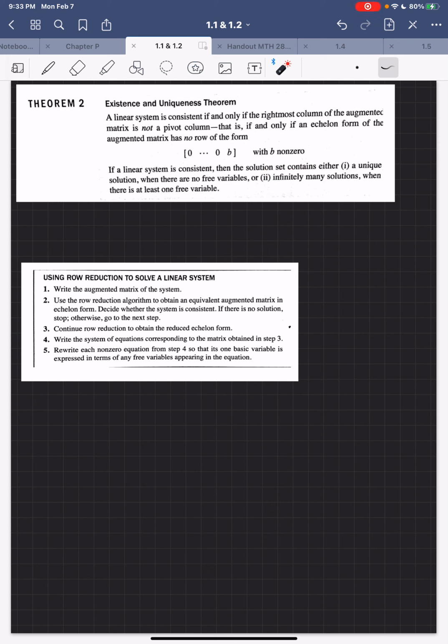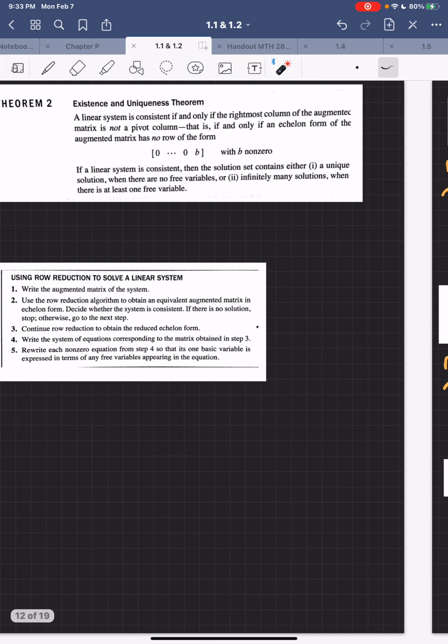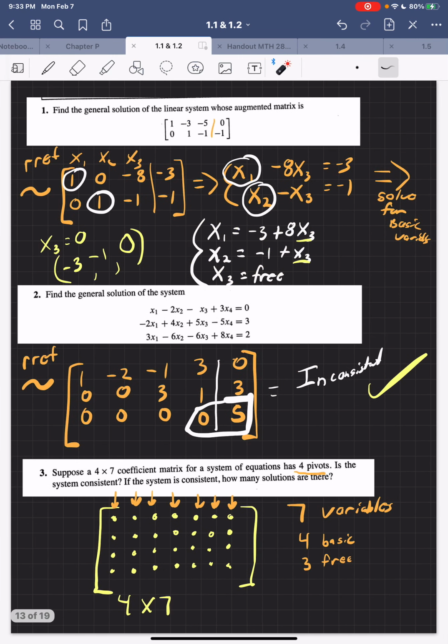Okay, so in this case, we have 4 rows, 1 pivot for each row. What I mean is, if you have 4 pivots and you have 4 rows, then that means you're going to have at least 1 pivot for each row.